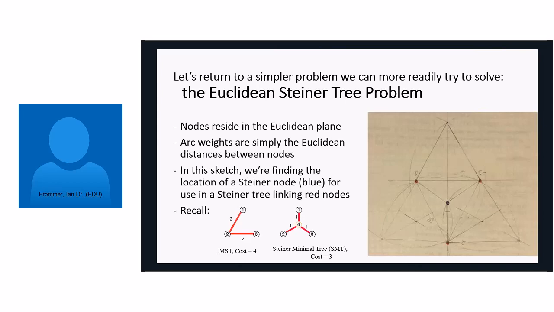So in this sketch, we were given, let's say, these 3 red nodes, and our goal was to find a Steiner node that would link the red nodes in a minimal cost network. And so that's reminiscent of this picture that is showed on the earlier slide. Okay. Any questions? Does that make sense?